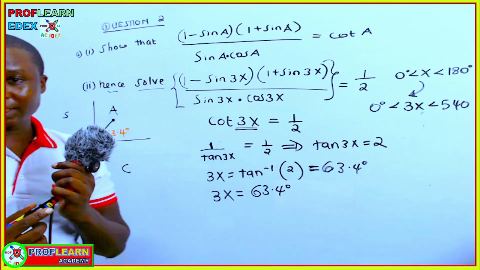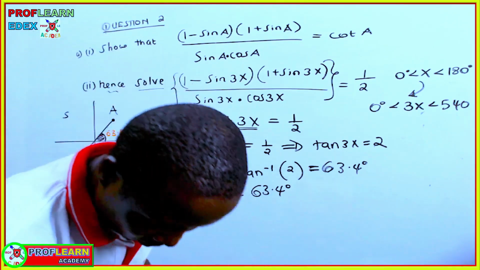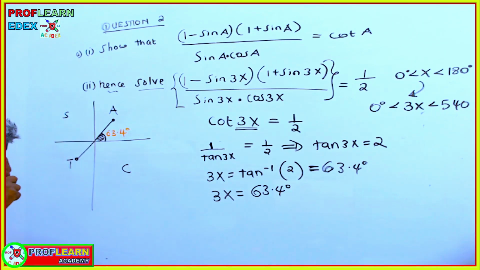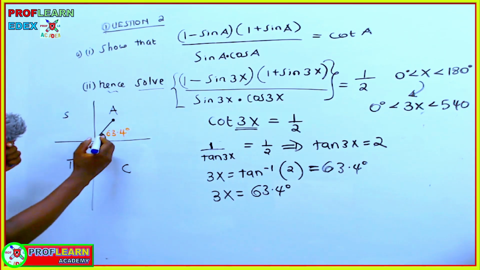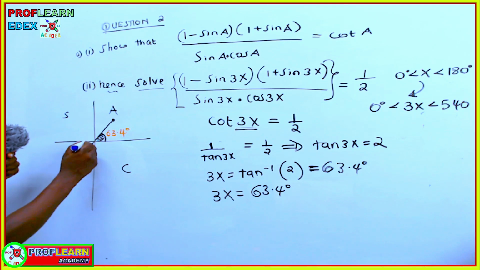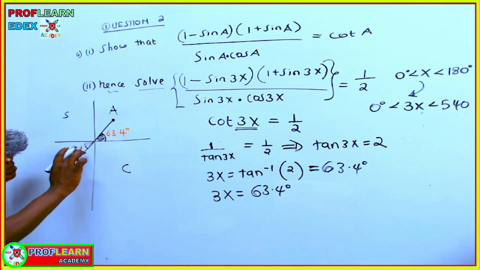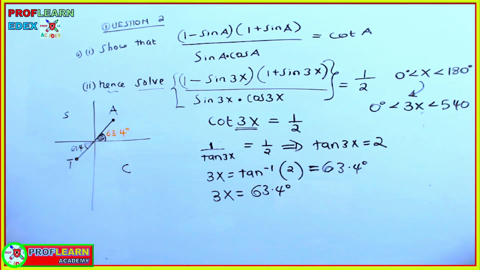So that is the first angle that we have obtained at that point. If this is 63.4 degrees, this angle down here is also going to be 63.4 degrees.